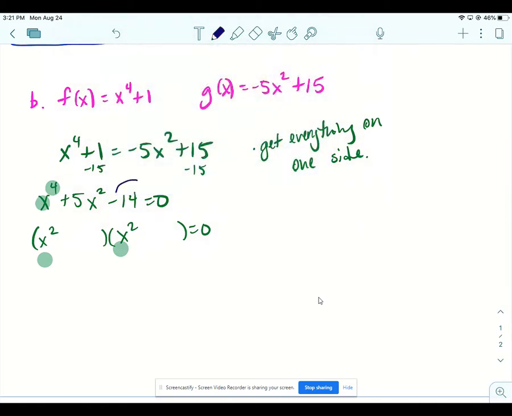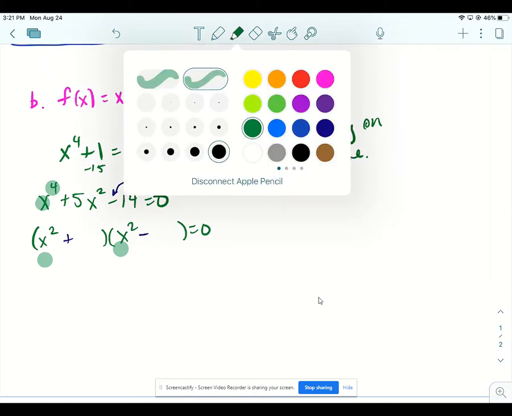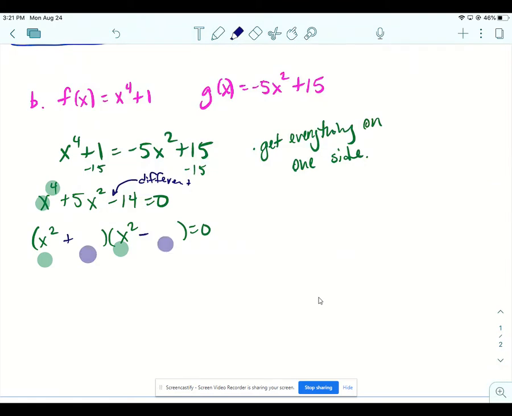So because this is a minus, I know in my factors, my signs are different. So one's a plus and one's a minus. And then what I put here and here is going to need to multiply to give me that 14. So I could do 1 and 14 or 2 and 7. And then when I multiply these, they're going to need to add to give me 5x squared.